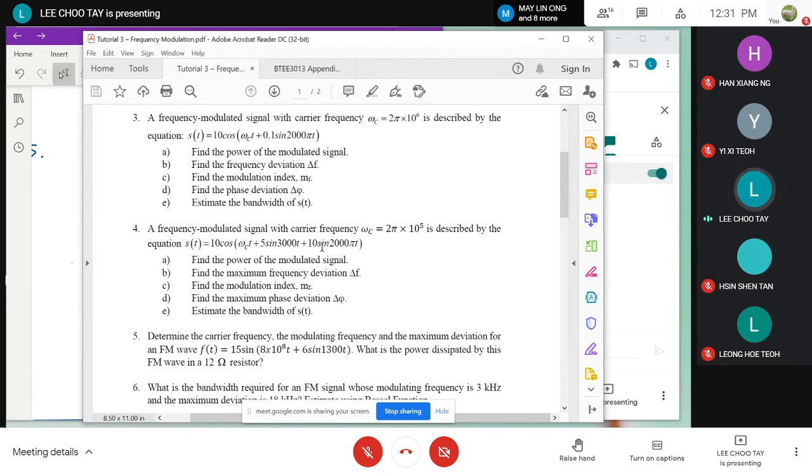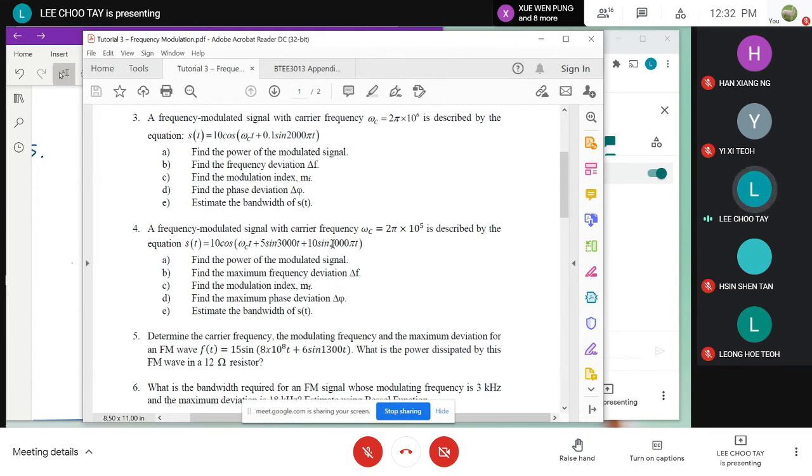To find the MF or modulation index, you have to find your delta F first. So you have to use the approach of differentiation. Differentiate this whole term to find your delta omega.